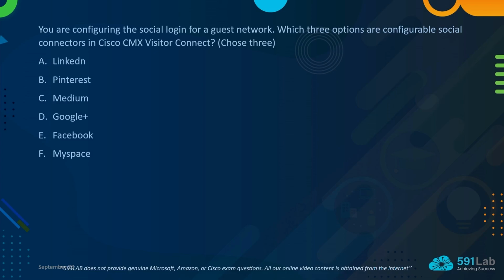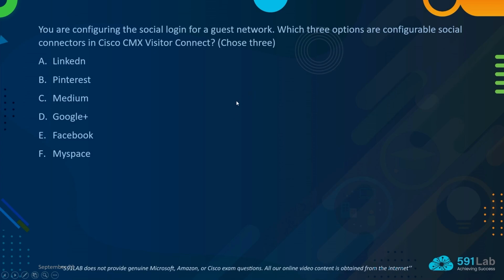So instead of showing you or redirecting you to a login page, you end up with a third-party page where you, for example, log in using your Facebook credentials instead of another password.